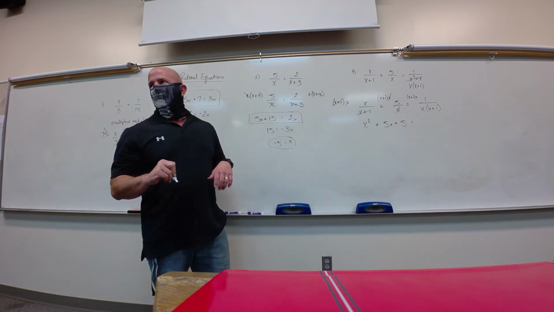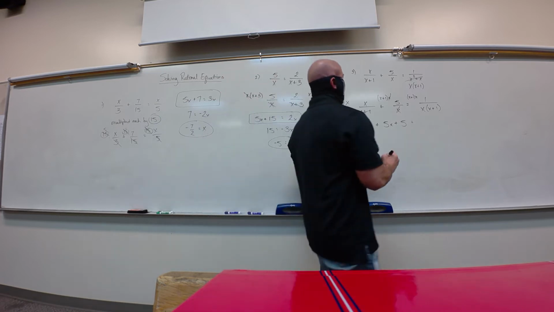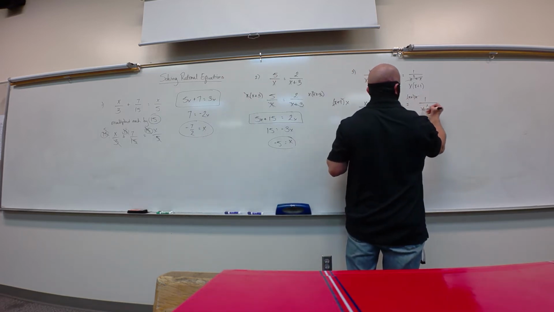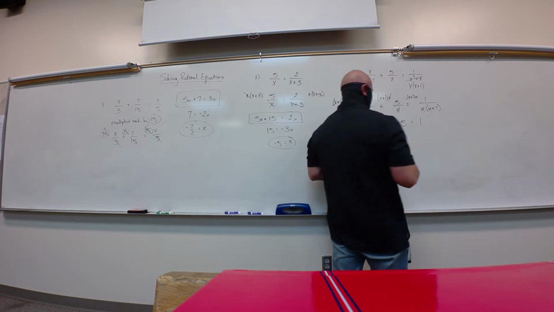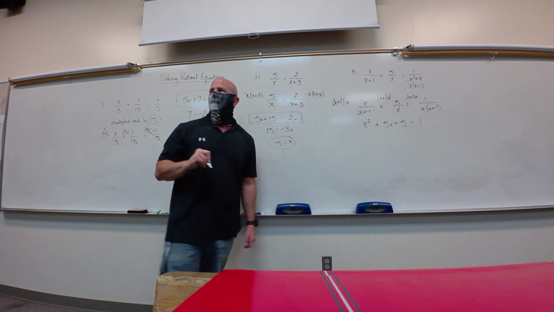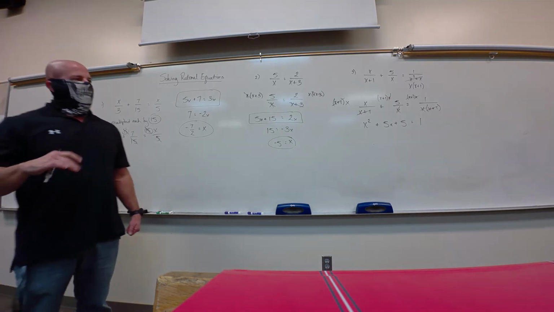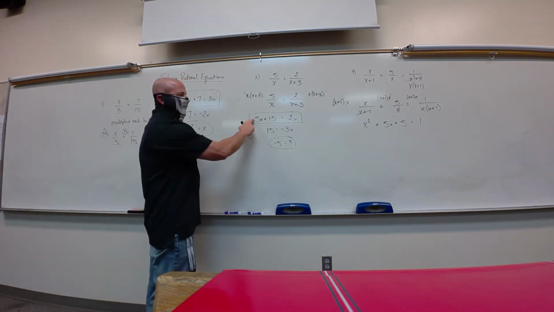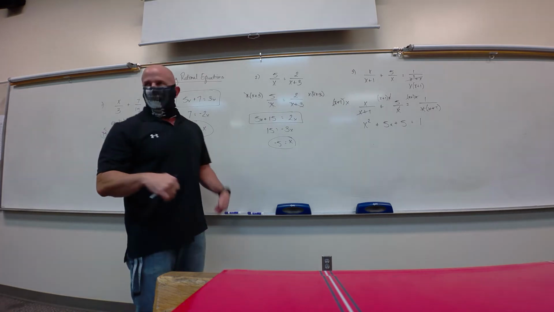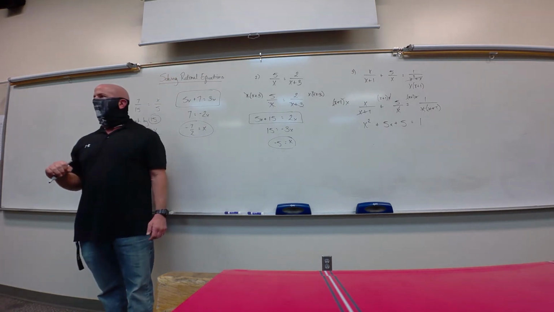On the right side, both the x plus 1 and the x cancel, leaving me just 1. Now we're left with a quadratic. A quadratic equation is going to be more work than a linear one, but it still looks better than the original one did. Those denominators are gone.